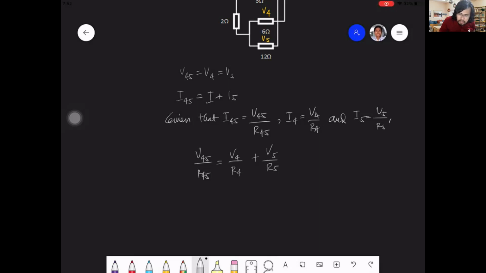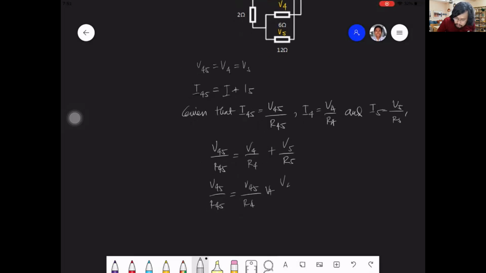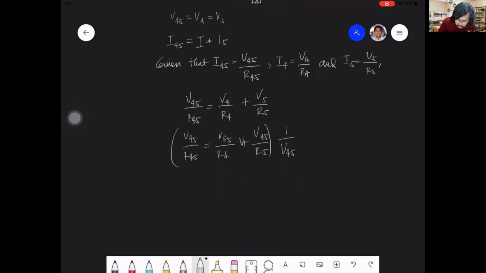Since V4, V5 and V45 are just the same, we can say that V45 over R45 equals V45 over R4 plus V45 over R5, and we can multiply this by 1 over V45 to remove the numerator.